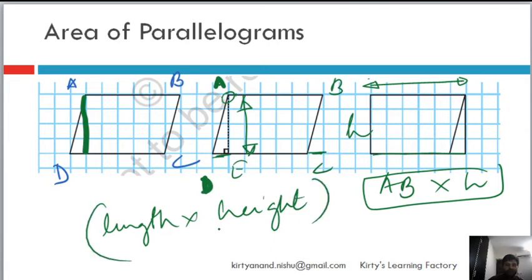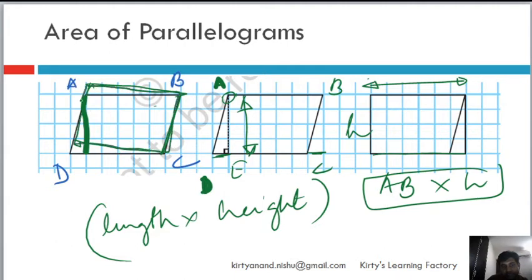That's it. Now you can say that if I am given the length of this side BC, that's also okay. The same way, you can draw 90 degrees here, cut it off, and put this triangle here, and this will be your rectangle then.